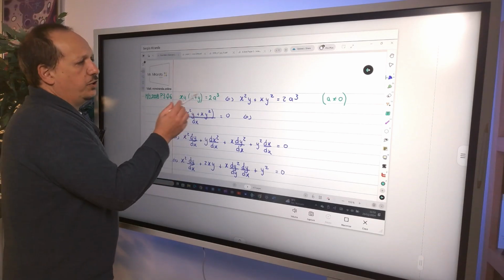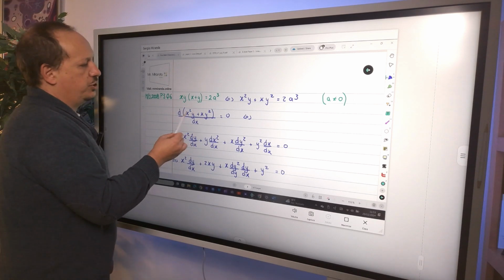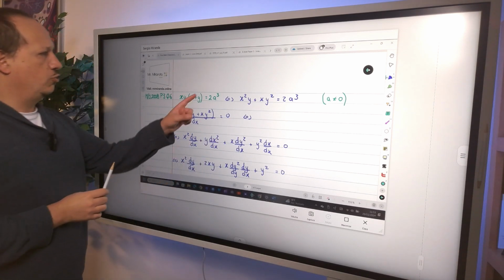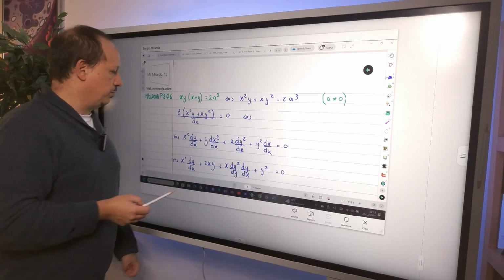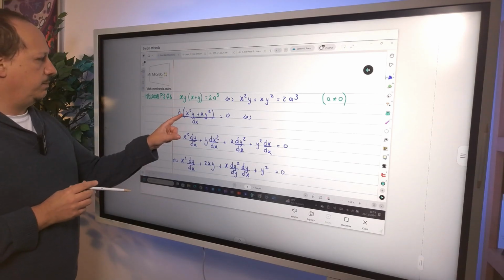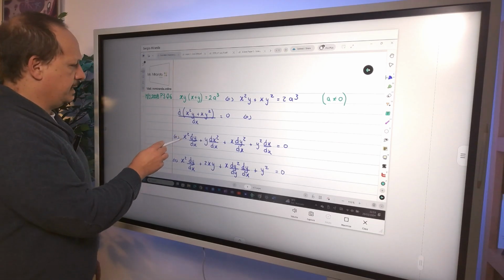Over here, I just expanded the brackets. It will be simpler to differentiate. Then differentiate as usual. Don't forget that a is a constant, so if you differentiate this side, this is going to be 0. You have to apply the product rule.